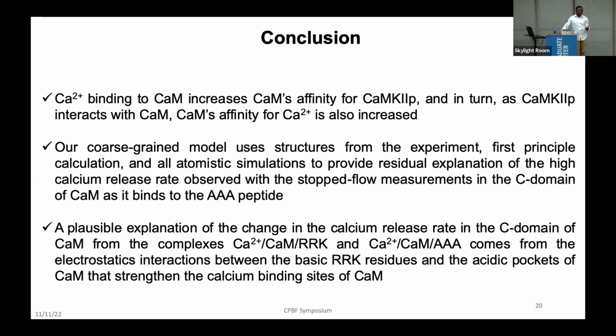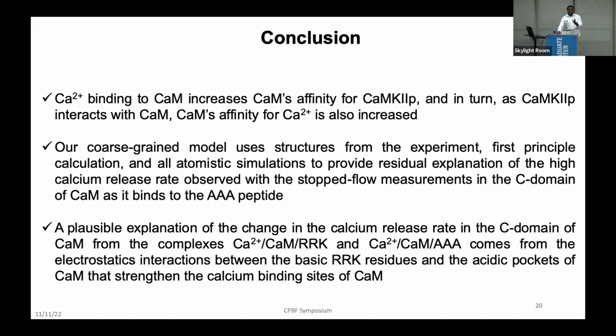A plausible explanation from our observation is that the RRK amino acids, which are charged amino acids, actually interact with the calcium binding site of calmodulin before the native contacts between the calmodulin and the peptide are formed.